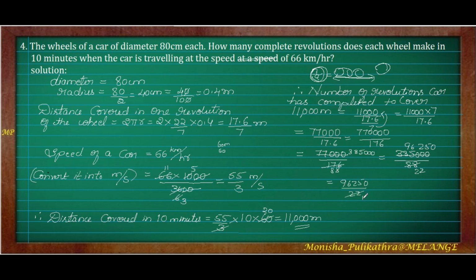Again I will divide by 2: 2 11s are 22 and 48125. The final thing is you need to divide this by 11. When you divide it by 11, you will get 4,375 revolutions. This is the number of revolutions taken by a car wheel if it has to cover 11,000 meters. I hope you understood this.